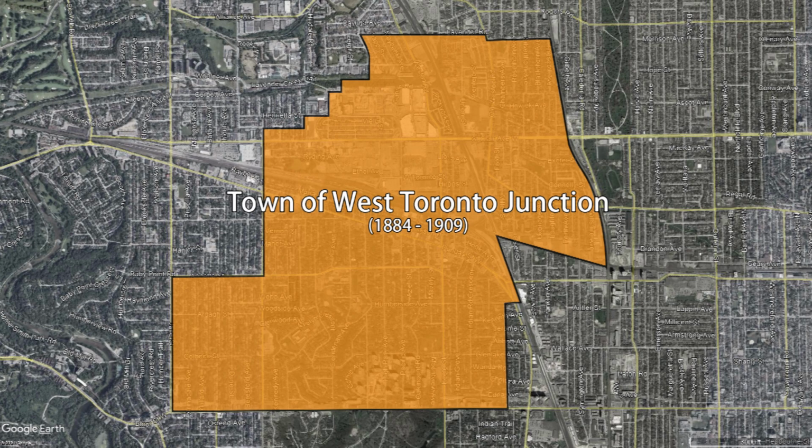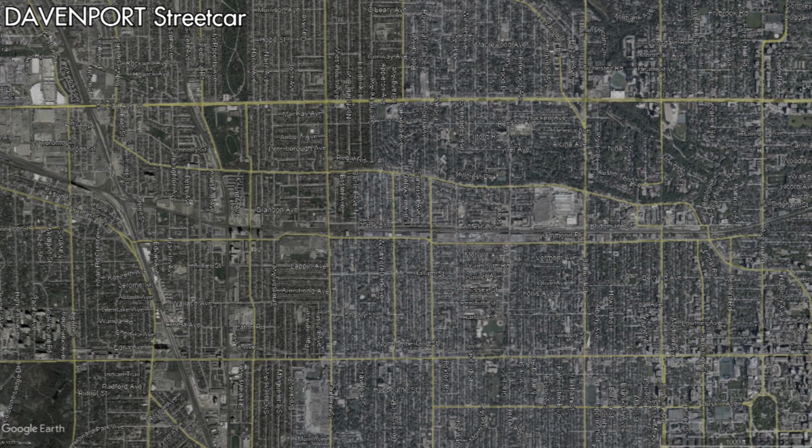On April 20th, 1891, the village of West Toronto granted a 25-year charter to the newly incorporated Davenport Street Railway Company to operate a service from West Toronto's downtown at Keele Street and Dundas Street to points east. This service was to run from the village's downtown core along Keele Street to St. Clair Avenue.